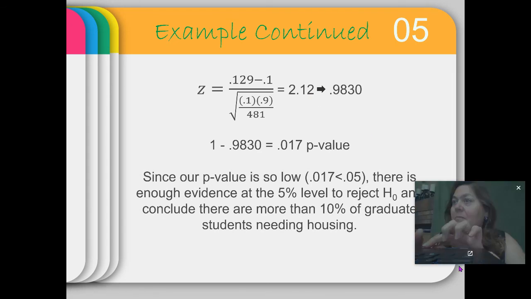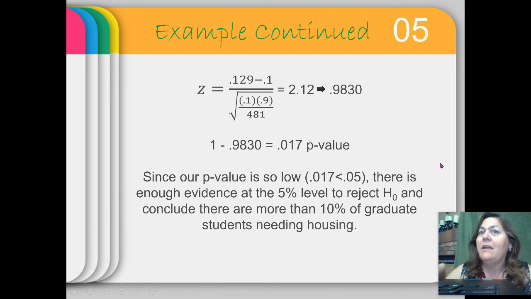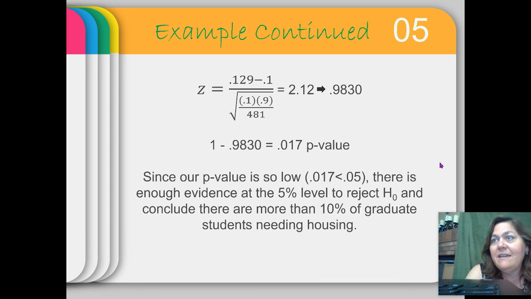Let me move myself out of the way here. Going to say since the p-value is so low, because 0.017 is definitely less than 0.05, there is statistically significant evidence, enough evidence at the 5% level to go ahead and reject the H0 and conclude, always in context.